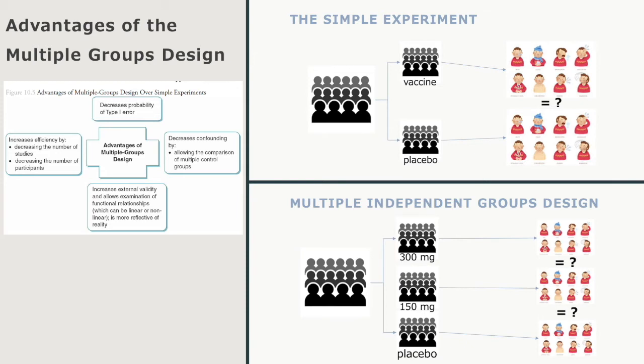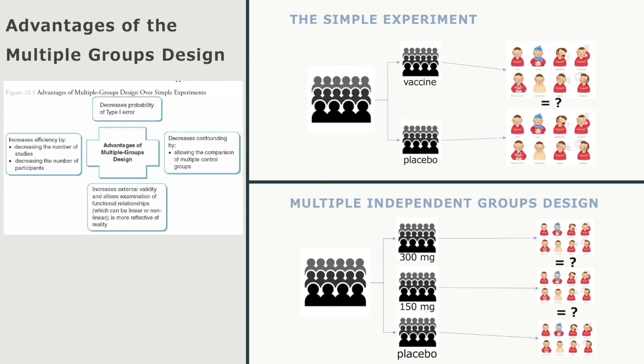Well, here's the thing. If you do 3 different experiments to test the dosages, meaning you do a simple experiment 3 times. 300 versus 150 is the first one. 300 versus placebo is the second one. 150 versus placebo is the third. You've done 3 different simple experiments. Each one of them has an alpha level of 0.5.